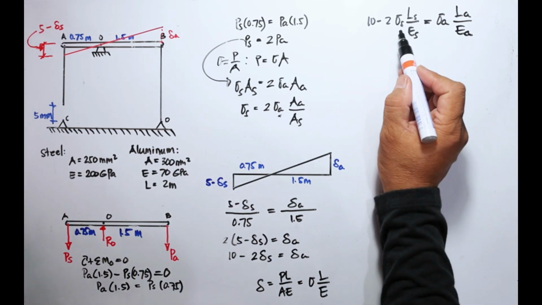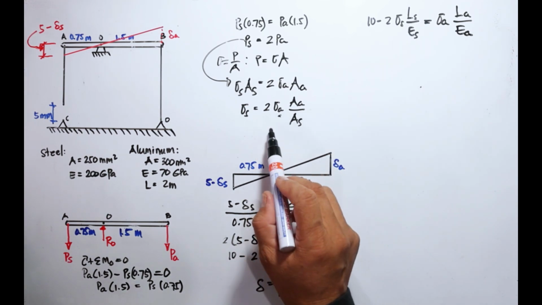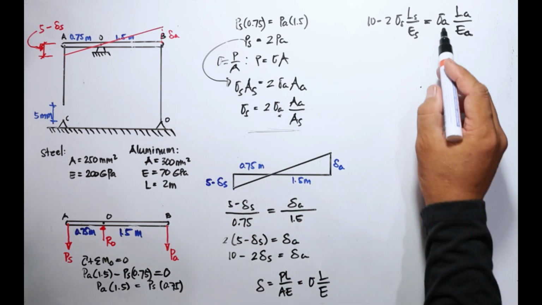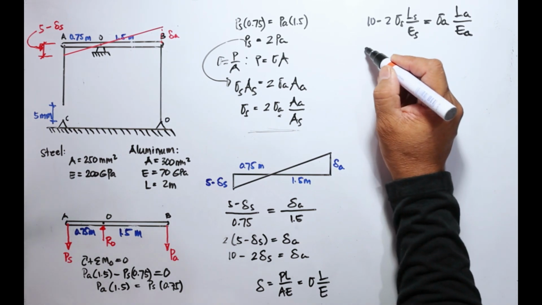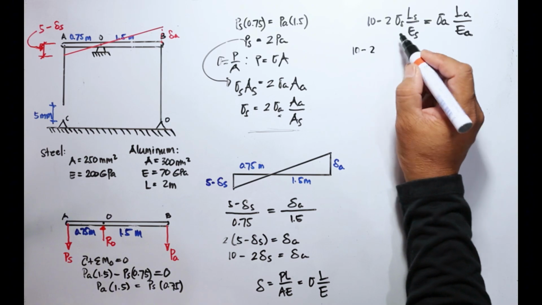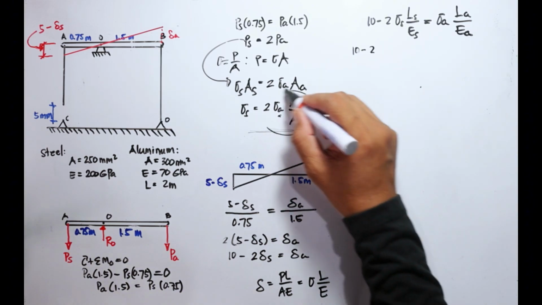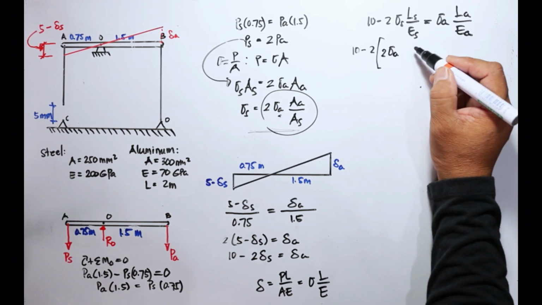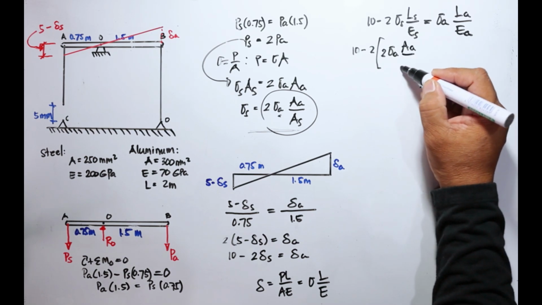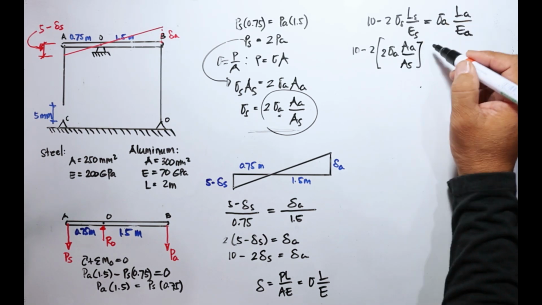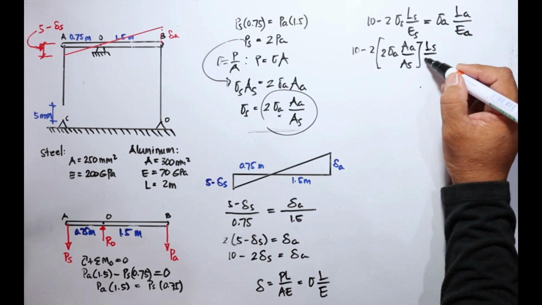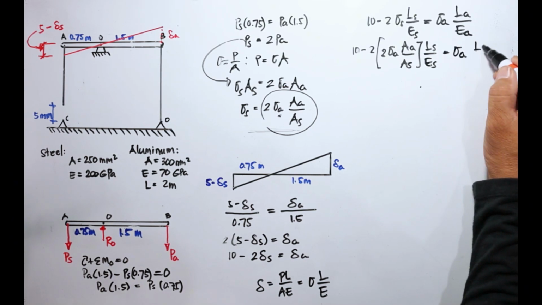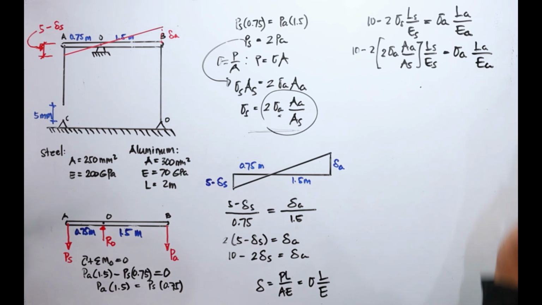And stress of steel can be expressed in terms of stress in aluminum, because we need to solve for the stress in aluminum. So we have 10 minus 2 times the stress in steel, which is 2 stress in aluminum times area sub A over area sub S, multiplied by L sub S divided by E sub S, equals stress in aluminum times its length over its modulus of elasticity.